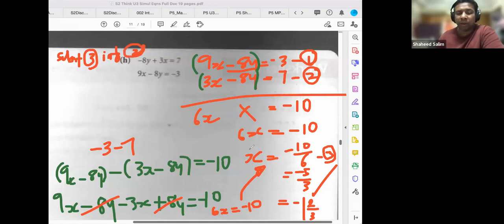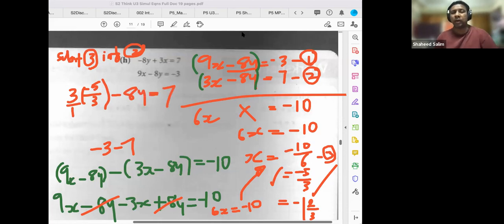So x is -5/3. So 3x, x is -5/3. I choose this one so that I can cancel later. So 3 is 3/1. You times this together and then minus 8y equals to 7.